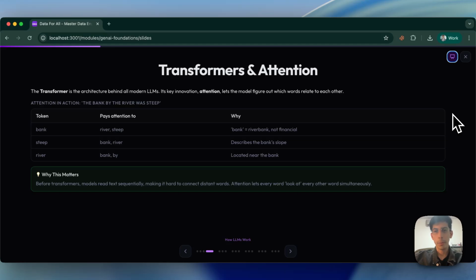So when processing the word bank, the model assigns high attention weights to river and steep, which helps it understand the correct meaning. You don't need to understand the math behind this. Just know that attention is the secret sauce that lets LLMs understand context and relationships between words, even when those words are far apart in the text.